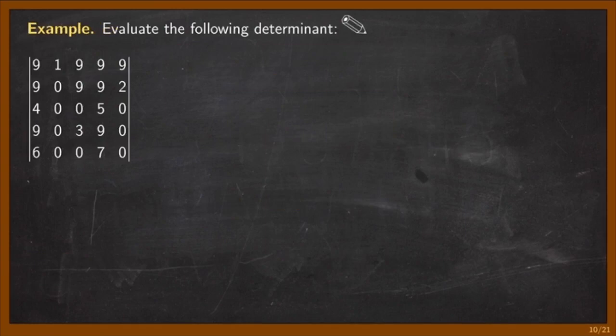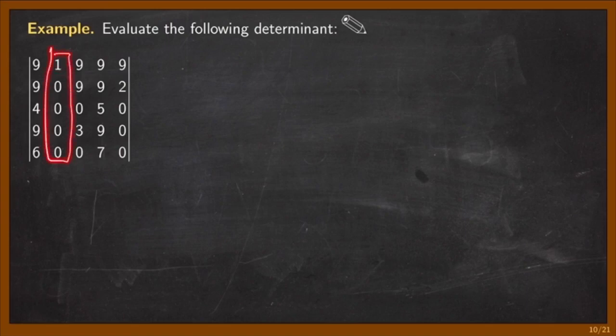So let's evaluate this determinant. As you can see, this is a 5 by 5 determinant, so at first it looks very intimidating. But notice that we have a column where almost all of the entries are 0 except for one entry.